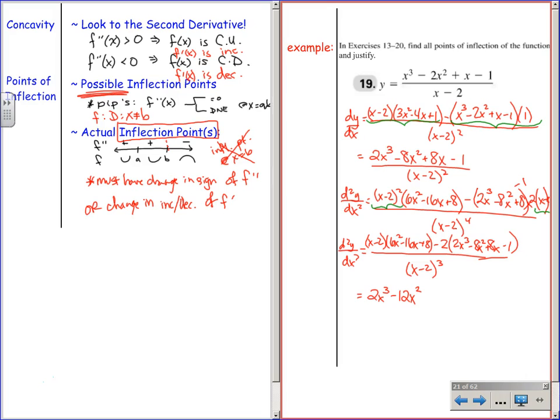6x cubed minus 4x cubed is 2x cubed. Negative 16x squared plus 16x squared minus 12. Riley, did you find my mistake? How come you didn't distribute the negative first? Because I first distributed the negative, so then there was 6x squared plus 8x, then times it by 2 is 28x squared.